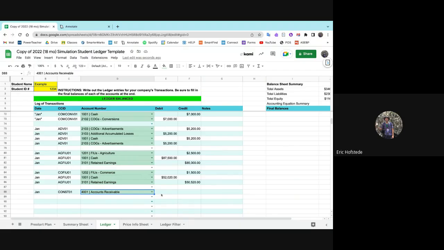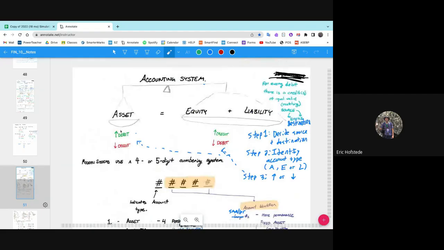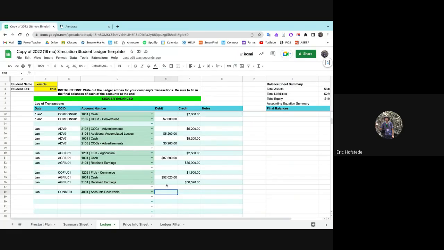And since my 2 auto factories aren't going to be done or complete for 6 months, I'm not going to say that they're my assets yet. They're future assets. It's accounts receivable. But I am gaining it, so I should actually debit this because I'm gaining this future asset.